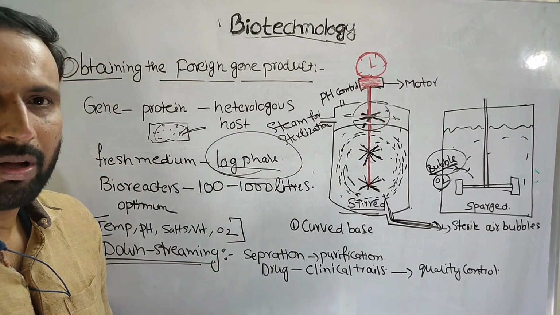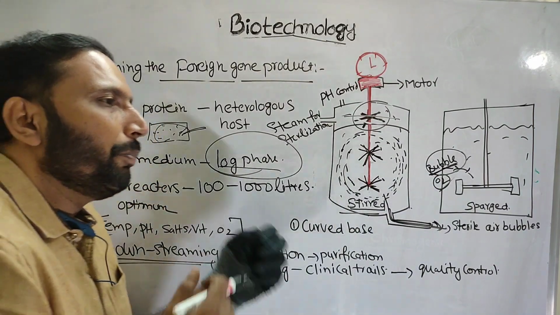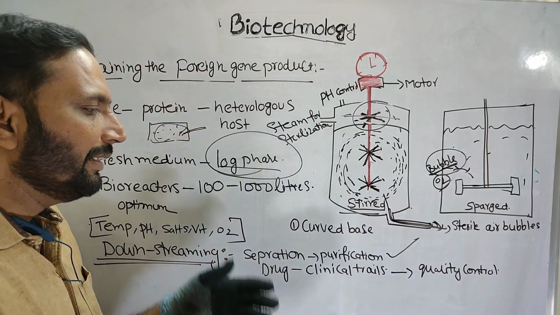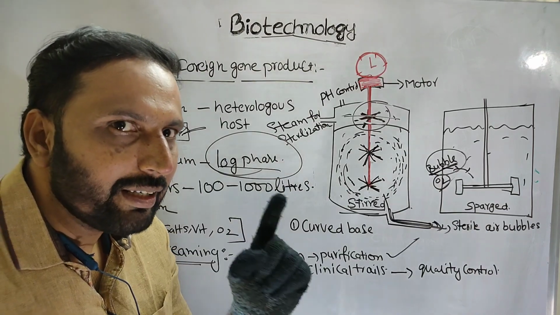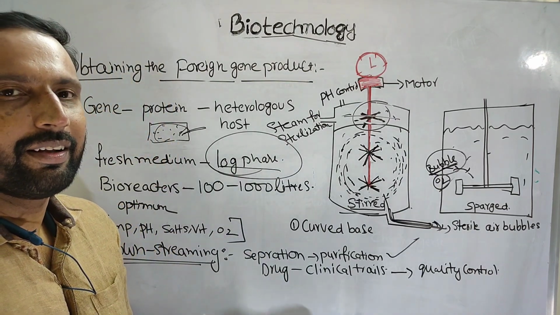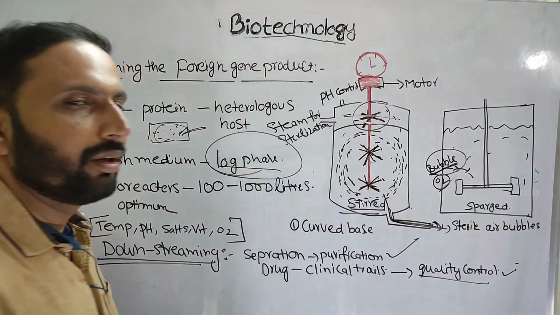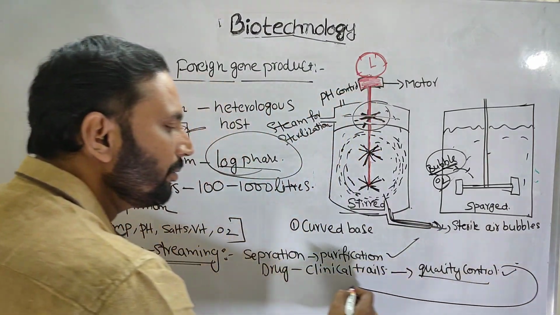In the downstream process, we have to separate that protein. Then there is a purification process. After purification, there are clinical trials, for example if it is a drug. After that, finally, quality control. Only after quality control can the product be released into the market.